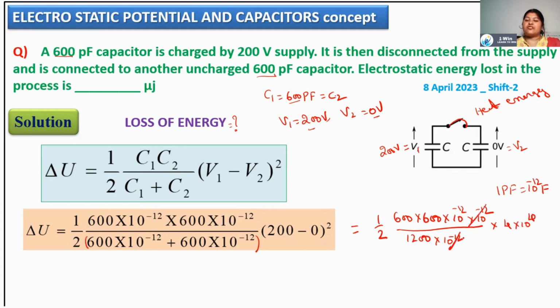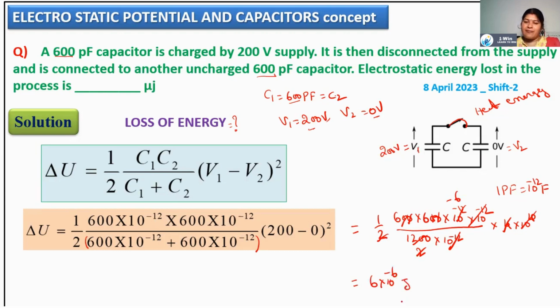The 10 power minus 12 cancels, and the numbers cancel, and the zeros add up to a total of 10 power 6 cancelling against 10 power minus 12. The leftover is 6 into 10 power minus 6 energy.